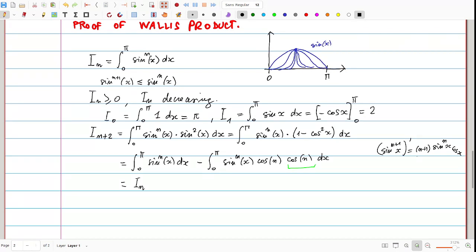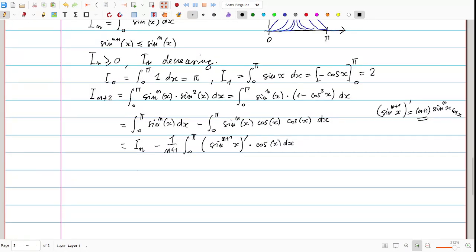So up to this constant, we have 1 over n plus 1. Here we have the derivative of sine to the power n plus 1 of x, and then we have cosine of x dx. Okay, so we can integrate by parts.